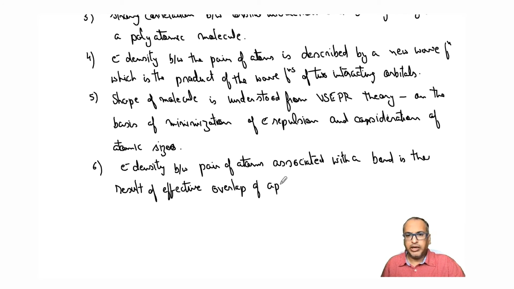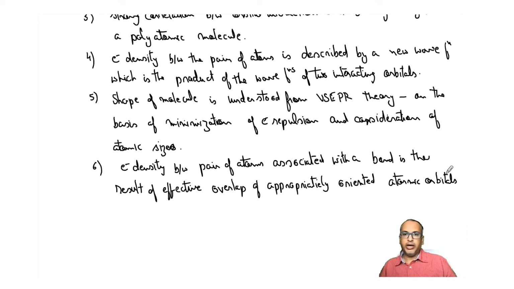of appropriately oriented atomic orbitals. This is very important, that they must be appropriately oriented, because then only they will be able to define the shape of the molecule, right? And this is where the problem is, because atomic orbitals are oriented along Cartesian coordinates and they do not generally orient as per the shape of the molecule, leading to a particular length and strength of a bond.